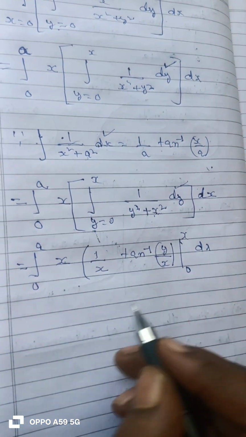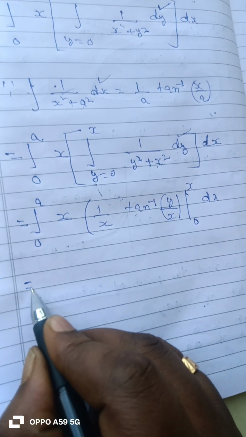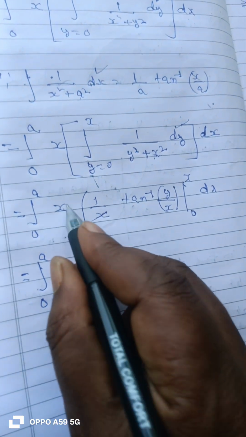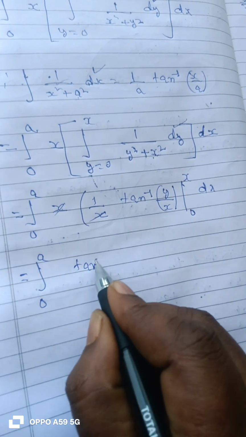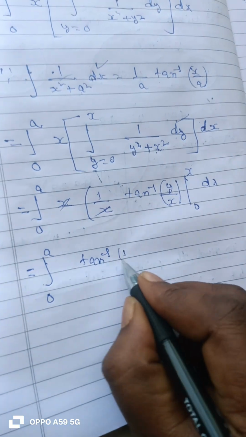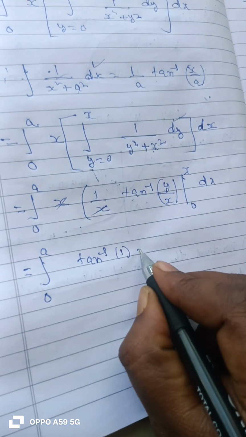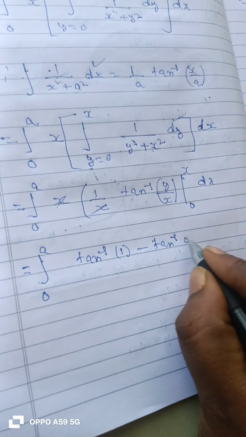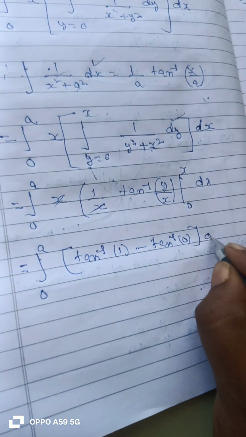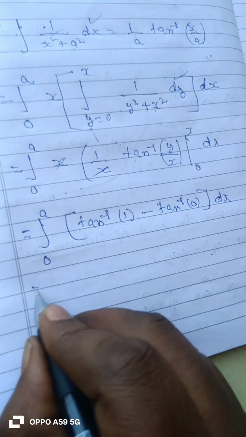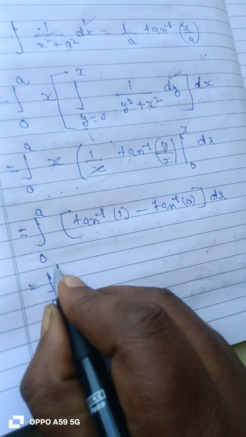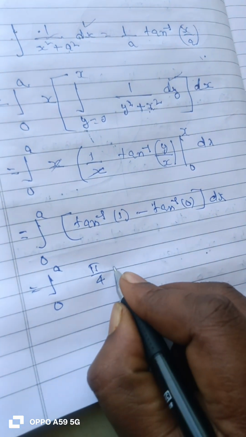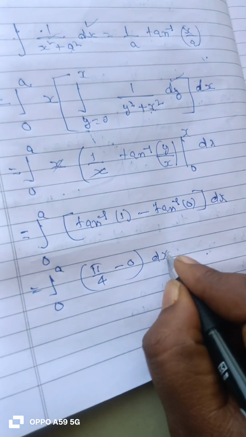This is dx. In this case x will get cancelled. 0 to a, tan inverse of the upper limit will become 1, x divided by x will become 1, and the lower limit 0 if you substitute, tan inverse 0. Now this 0 to a, tan inverse 1 is nothing but pi by 4 minus 0, dx.